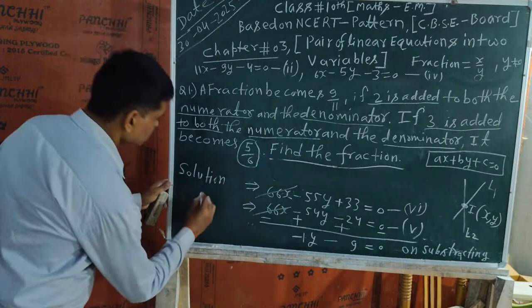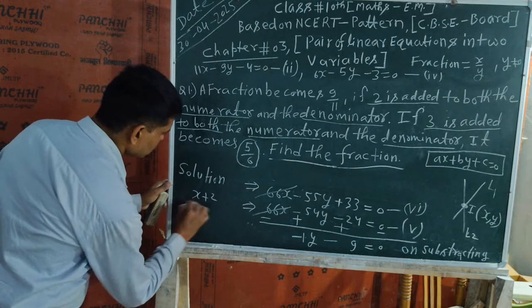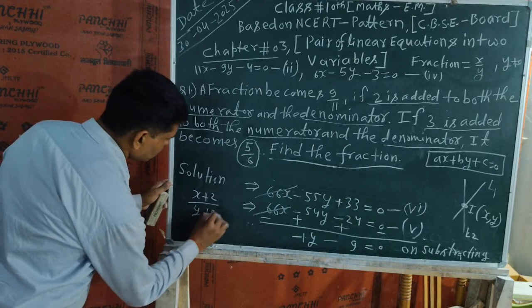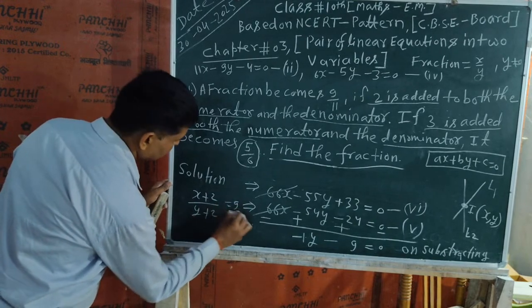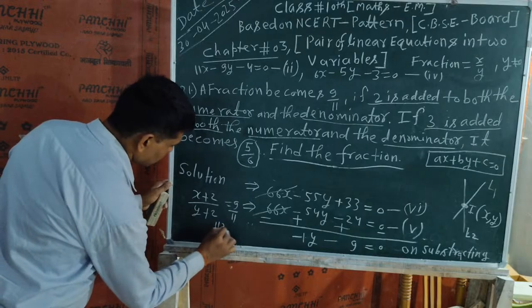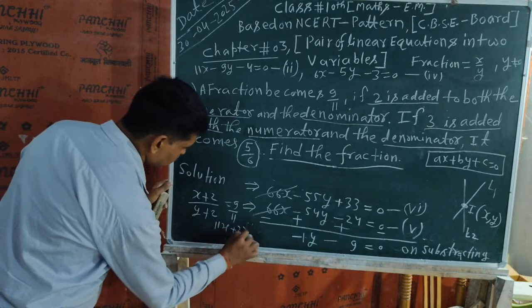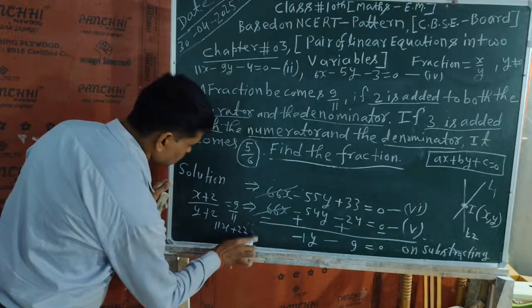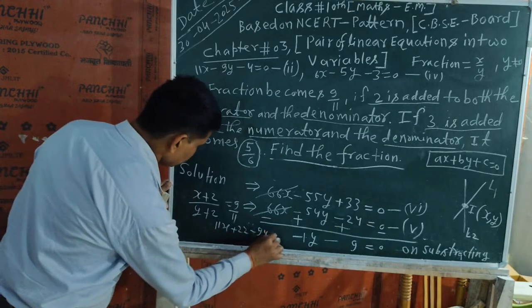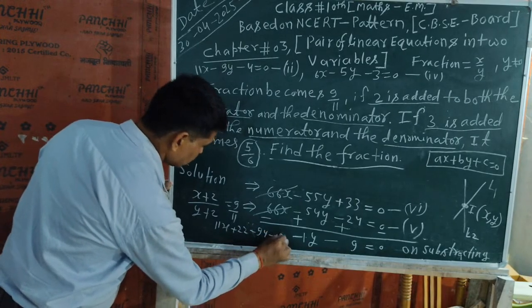Other I am going to say x plus 2 divided by y plus 2, which is equal to 9 divided by 11. So 11x plus 22 minus 9y minus 18.